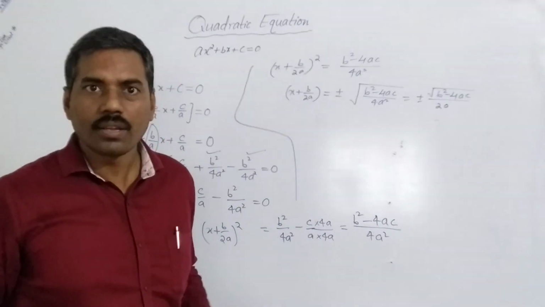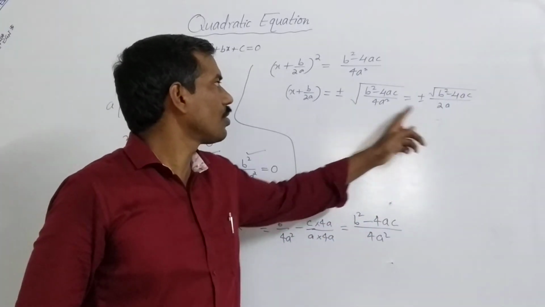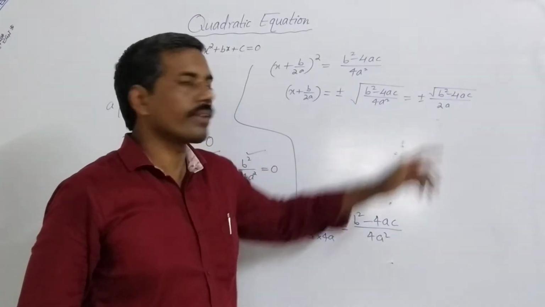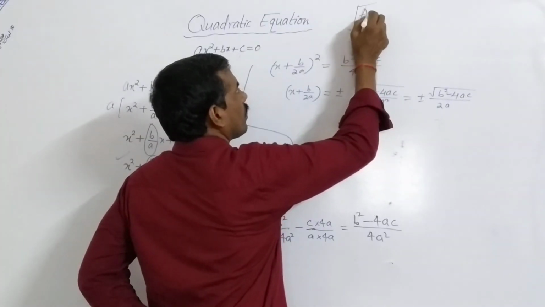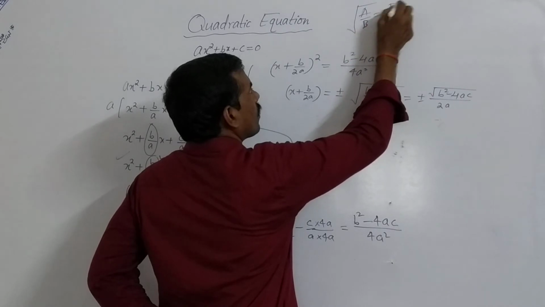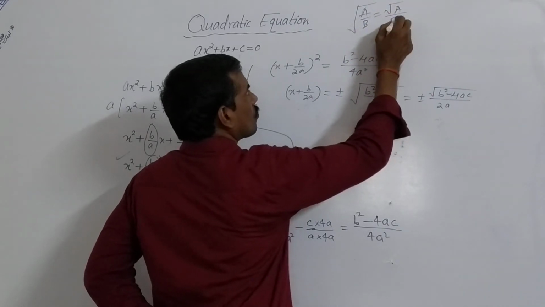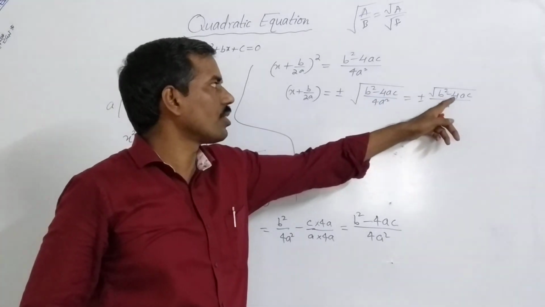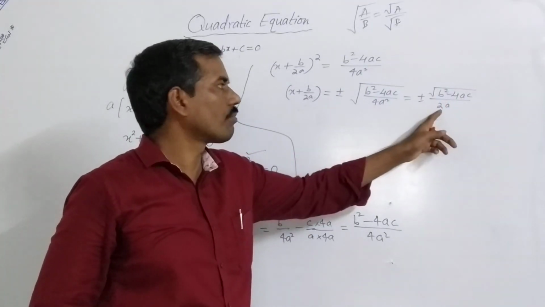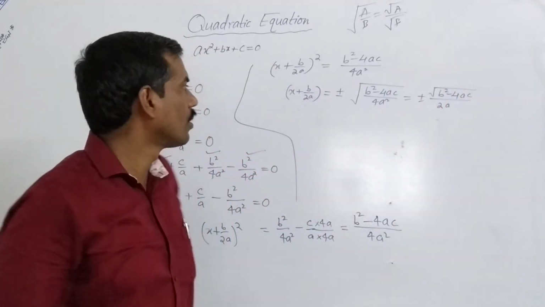Why 2a? Since the square root of 4 is 2, the square root of a square is a, and we know that the square root of a upon b is written as square root of a upon square root of b. So square root of b square minus 4ac upon square root of 4a square, which is 2a. Correct?